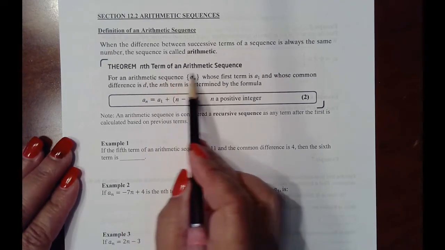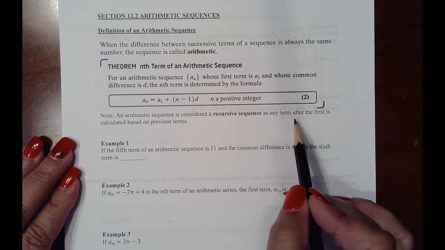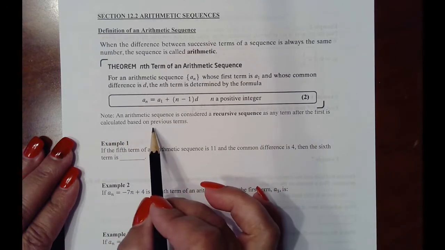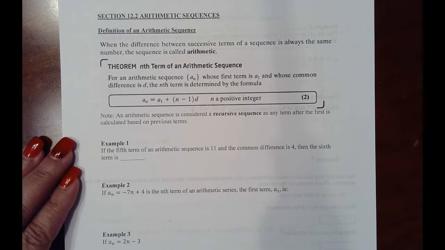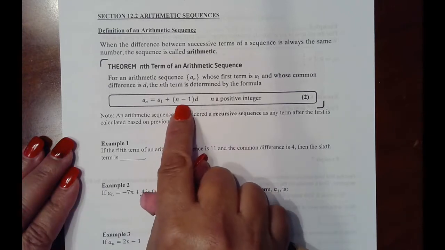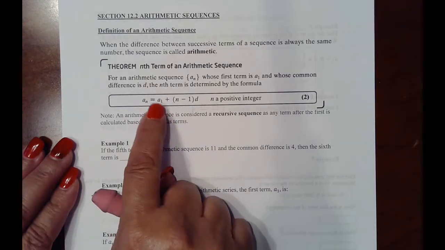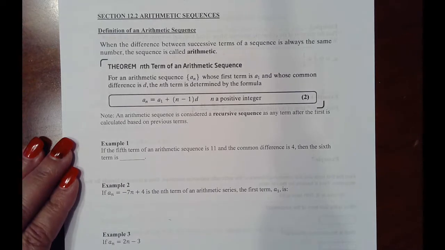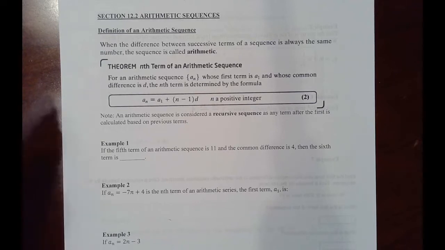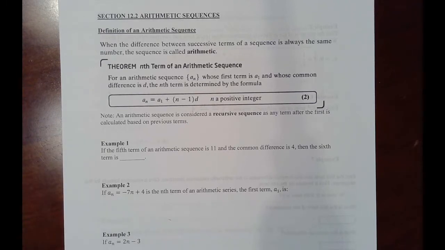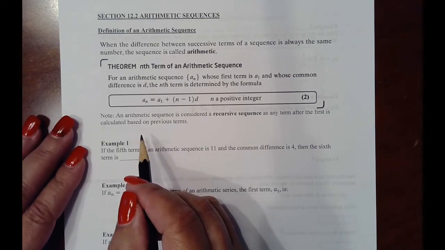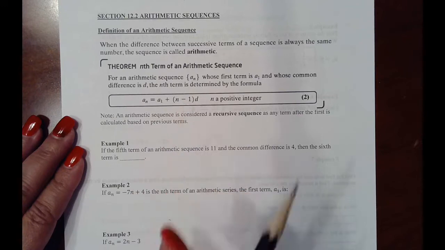That is true of arithmetic sequences: any term after the first is calculated based on previous terms, which is kind of indicated right here in the formula. Okay, so let's take a look at the types of problems that will allow us to use this formula. We're also going to be moving into finding the sum of a certain number of terms in an arithmetic sequence. We'll be introduced to that formula, but right now let's take a look at some of the types of problems we can do with this formula.